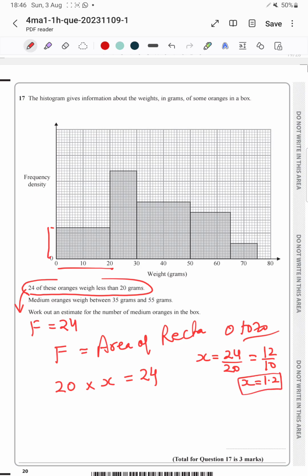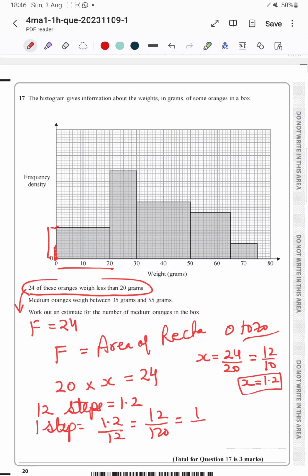Now if you see here, when we go from this point to this point, there are a total of 12 steps. 1, 2, 3, 4, like this way there are a total of 12 steps. So if 12 steps are equal to 1.2, one step will be equal to 1.2 divided by 12, or 12 over 120, 1 over 10, or I can say 0.1.